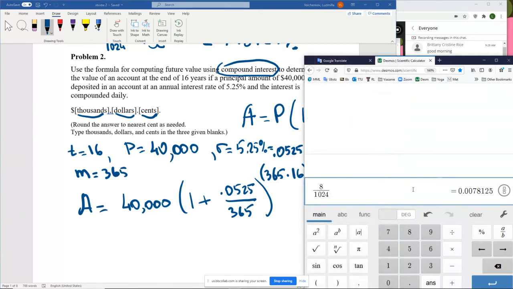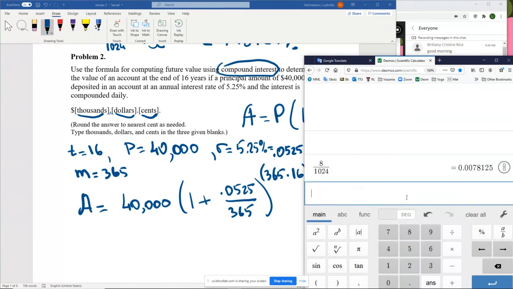I will use my decimals as usual, and I highly recommend you to use it too, because here you don't need to round the intermediate steps. Yes, so your shown work is the formulas, the substitution. You don't have to write down the intermediate step if you use decimals or another online calculator.